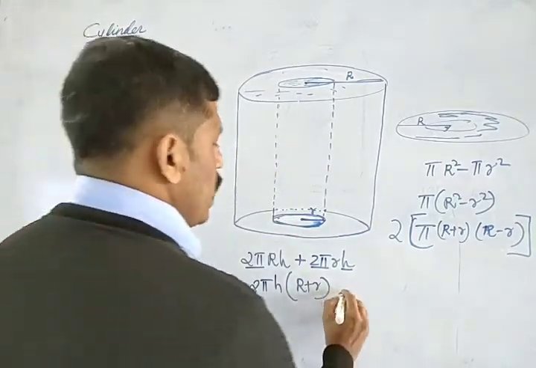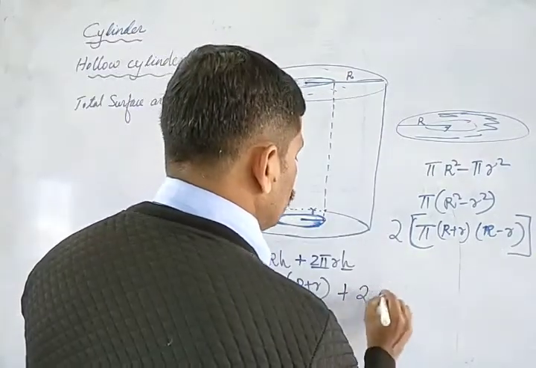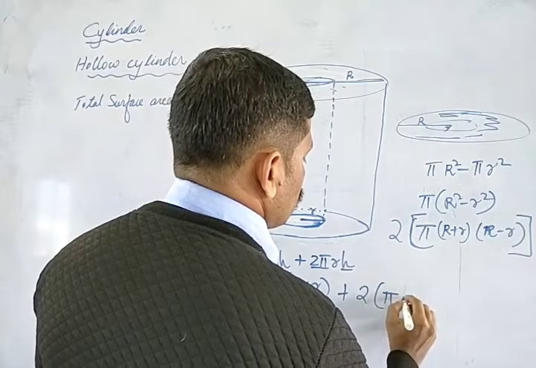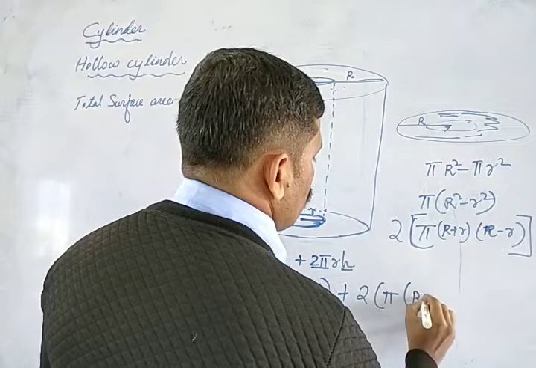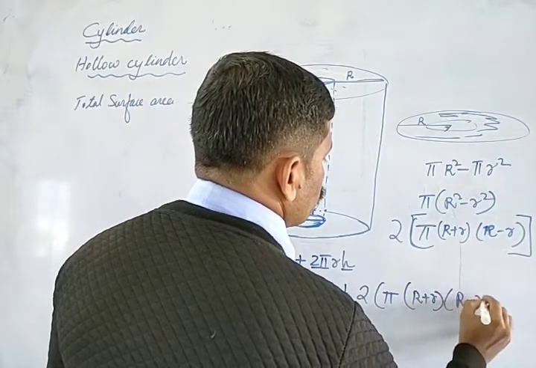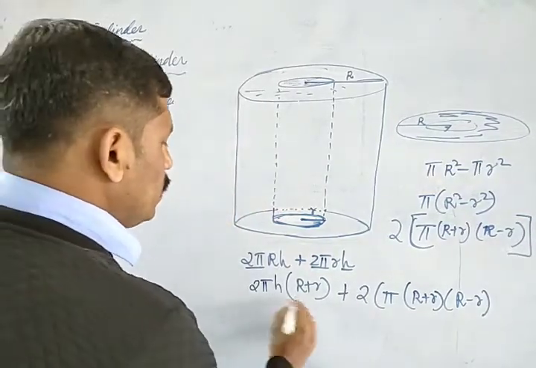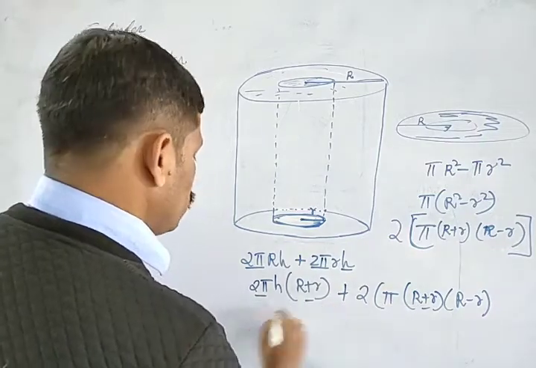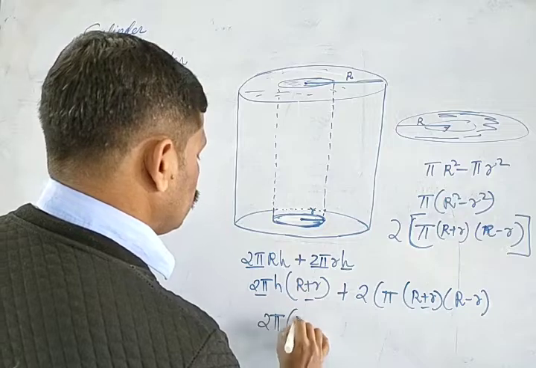With that we add the two face areas, that means 2 into pi into R plus r into R minus r. Here 2 pi is common and R plus r is common.